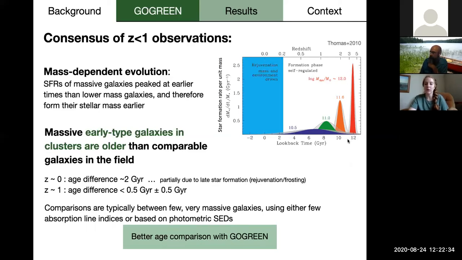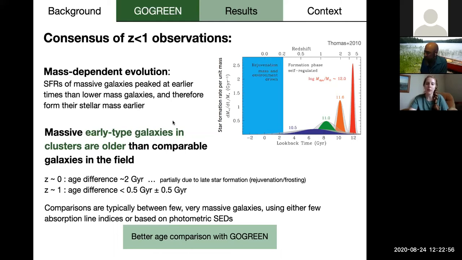But as you go to lower mass galaxies, the star formation happens later, as well as over much more extended amounts of time. And then just recently, in very low redshift, there's an era of rejuvenation or late star formation.